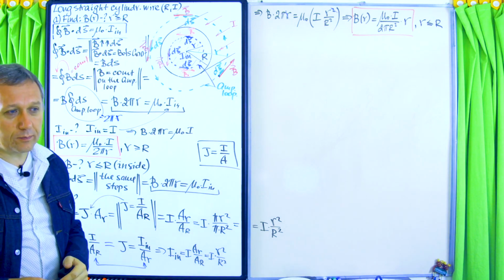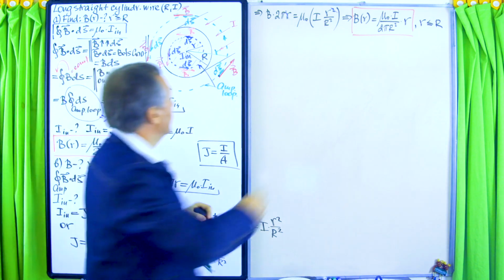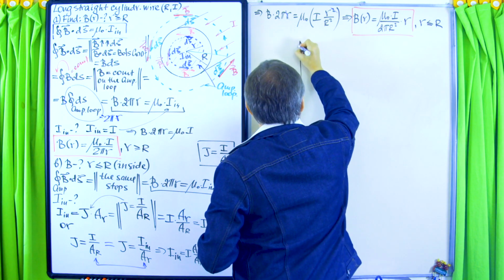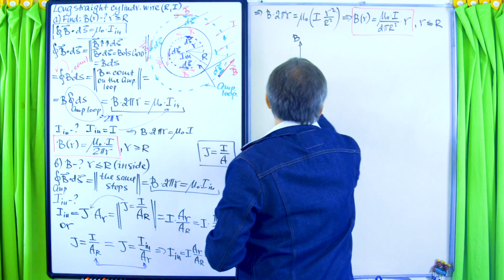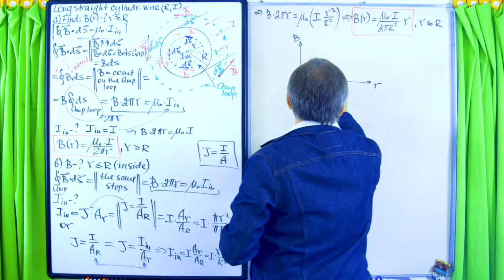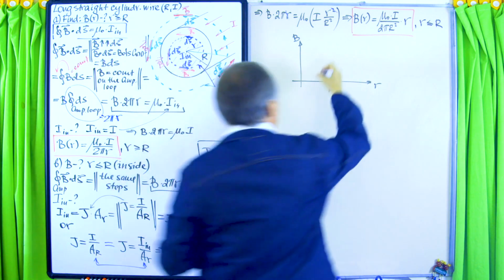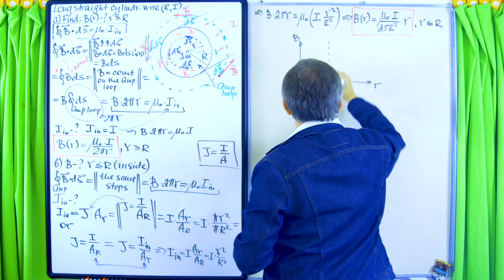Let me plot the magnetic field versus r. So now let's summarize this. This is B, this is r, and let's say this is capital R. Actually, I can draw this dashed line.